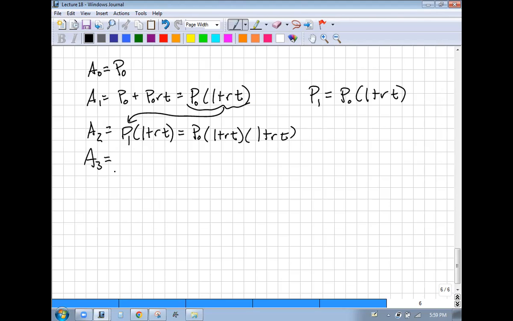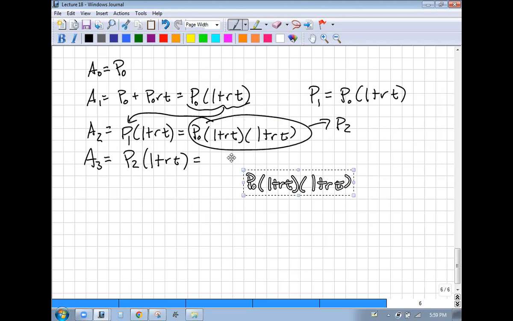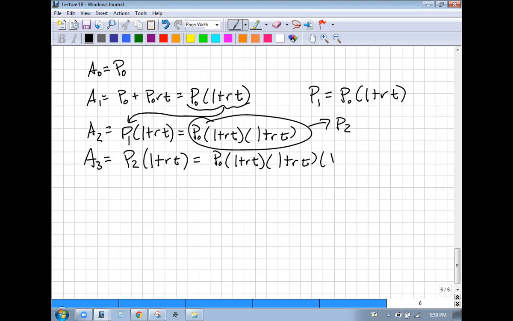So the third time you collect interest, it's the principal plus the interest. But our P2 here is now this, the principal at the end of the second time period, P2 being all this stuff, and then times 1 plus RT again.